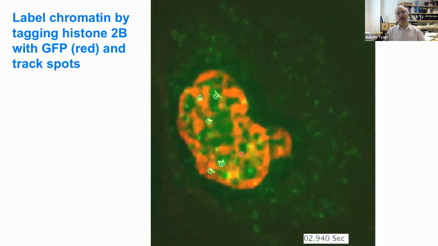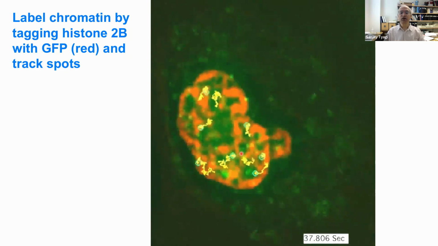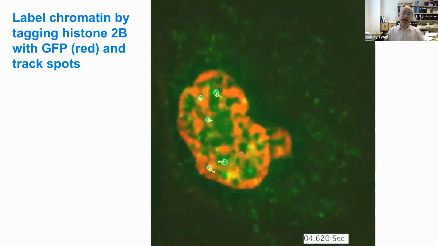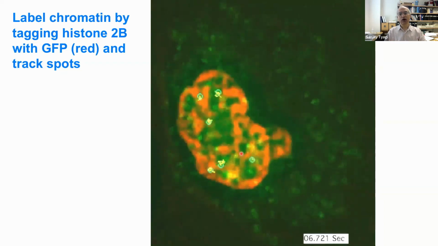So now these tracks can be seen in relation to the high-density chromatin. There's chromatin everywhere, but there are areas of low-density chromatin. And what we found immediately, if you look at these movies, is that most of the motion is restricted to low-density chromatin areas, where GFP of histones is lower.